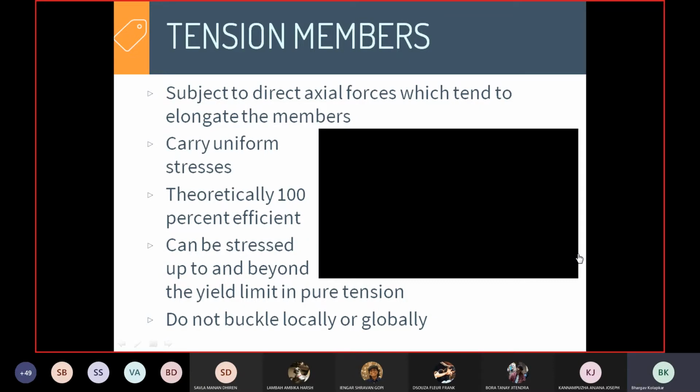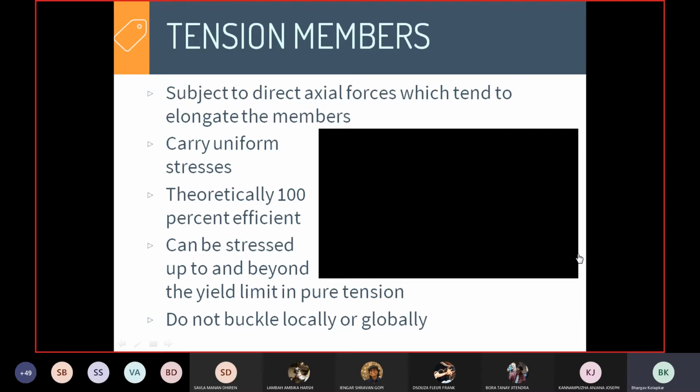It's because the entire section is actively participating in resisting loads, which is unlike a beam section, wherein the stresses at the extreme fibers are high, but along the depth of the section varies and it is zero at the neutral axis.